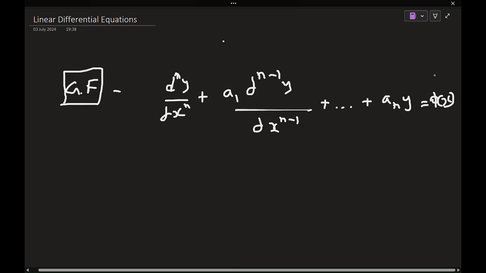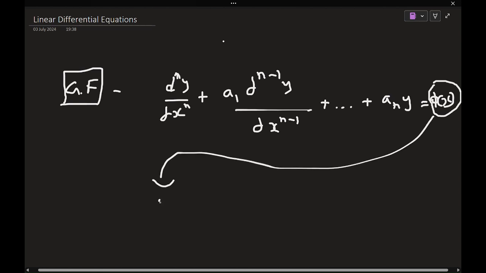Now, you can divide a linear differential equation into two types based on your right hand side, which is phi of x. So, if phi of x is 0, we call it a homogeneous equation.